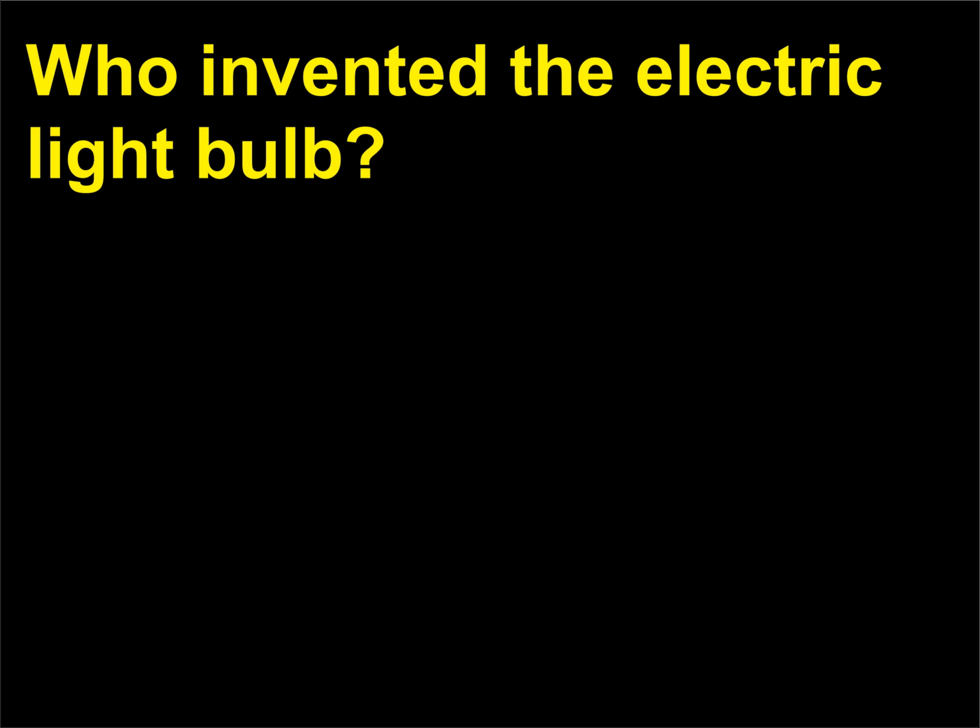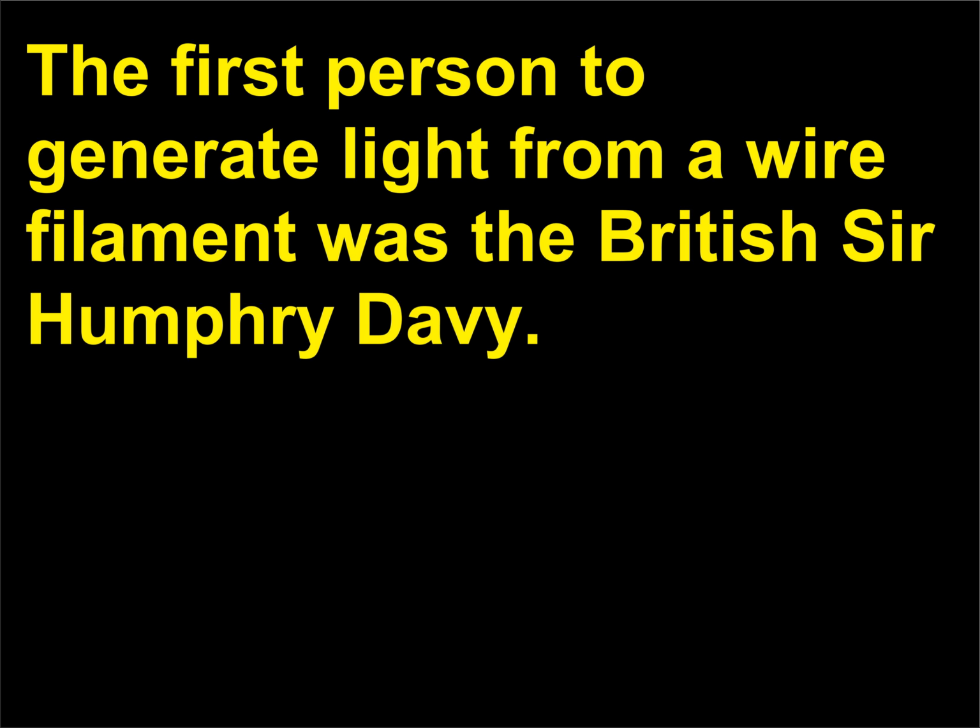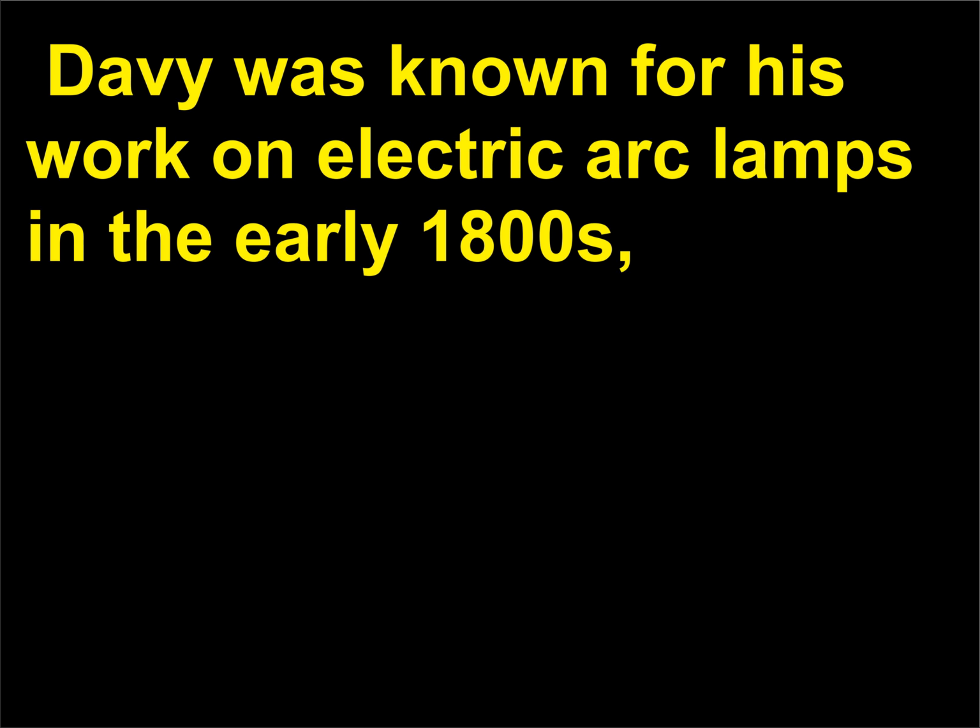Who invented the electric light bulb? The first person to generate light from a wire filament was the British Sir Humphrey Davy. Davy was known for his work on electric arc lamps in the early 1800s.